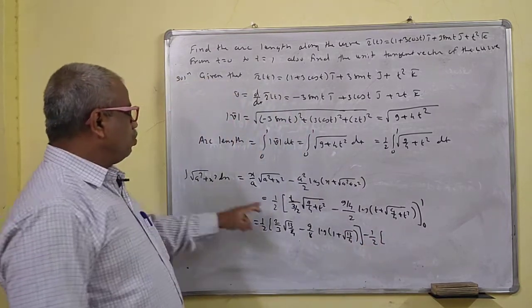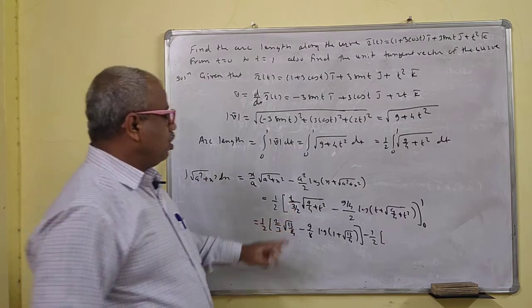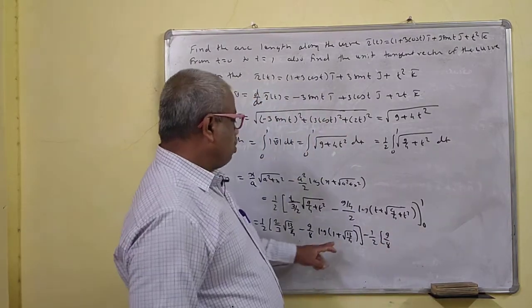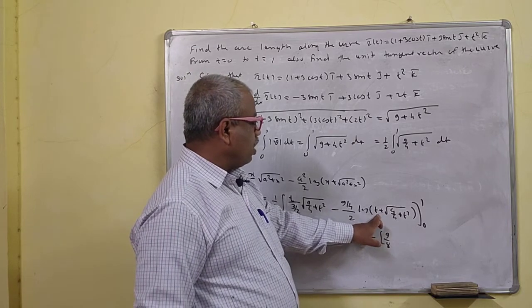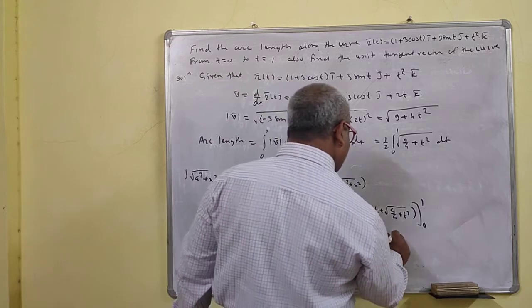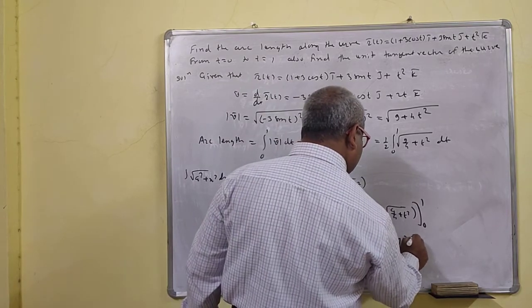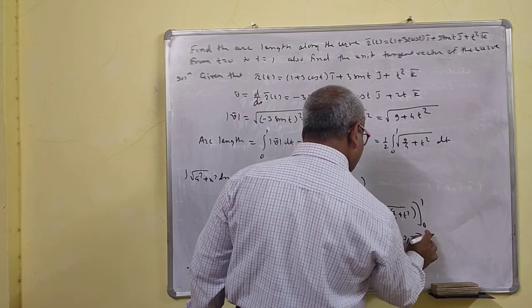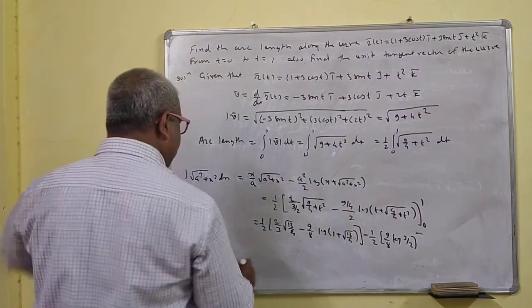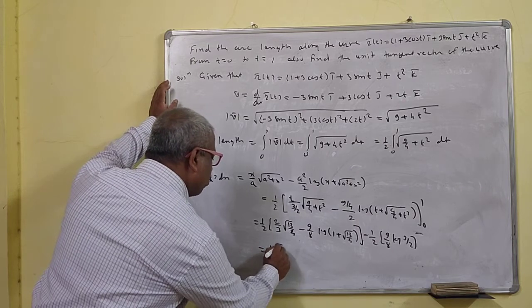Then minus half, we have to put t is equal to 0. If you put t is equal to 0, this is 0. Then this is 9 by 8 log, with t equal to 0, root of 9 by 4 is 3 by 2, log of 3 by 2. Now to simplify, 1/2 you take common.